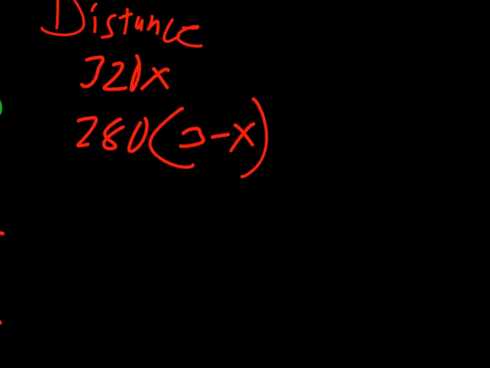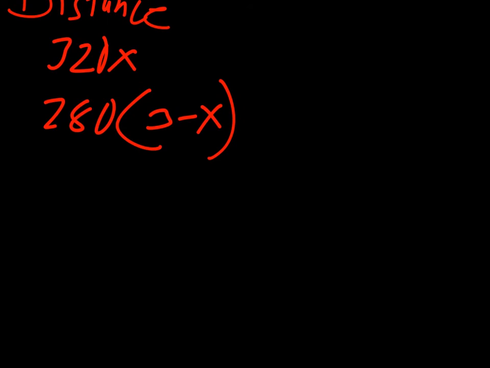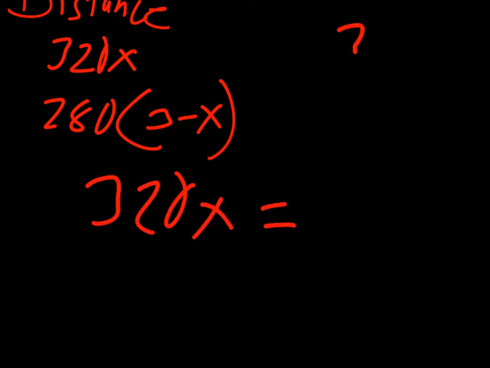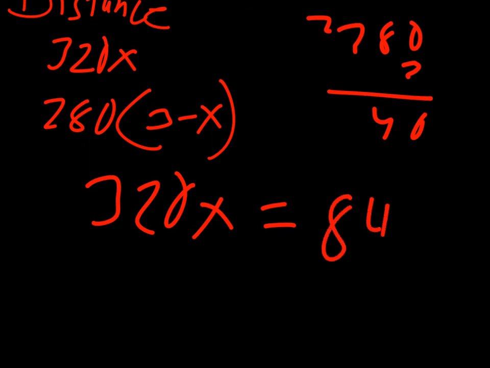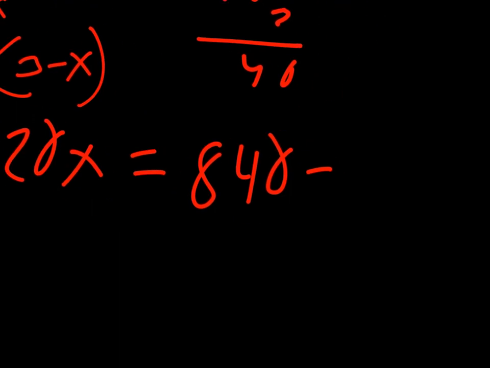So with that being said, we set these two equal to each other. So now we have 320x equaling 280 times 3, which gives us 840, minus 280x.